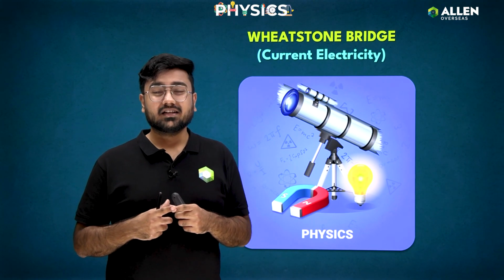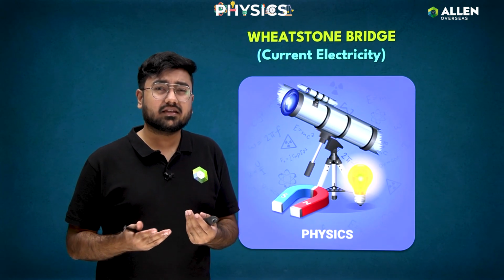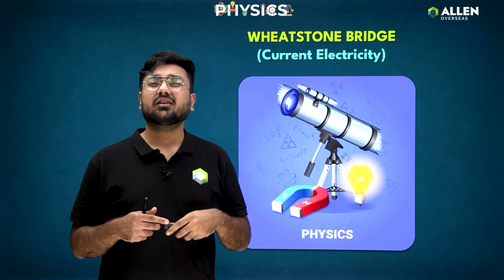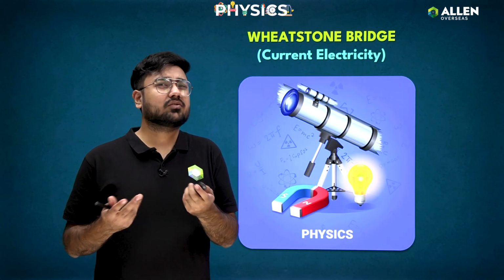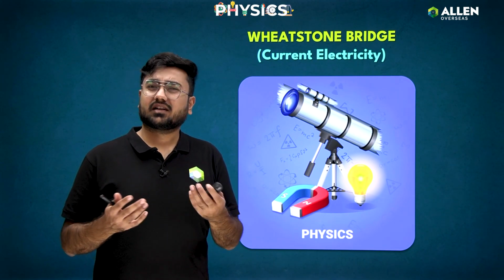Getting the point? So here we have the Wheatstone bridge and we have to understand how we are going to apply the concept of Wheatstone bridge to actually get the unknown resistances, and how many different kinds of Wheatstone bridges there actually are.